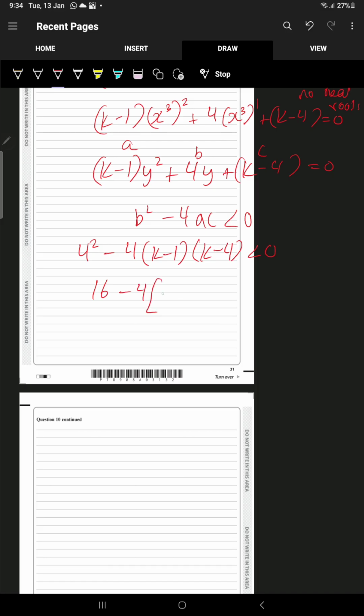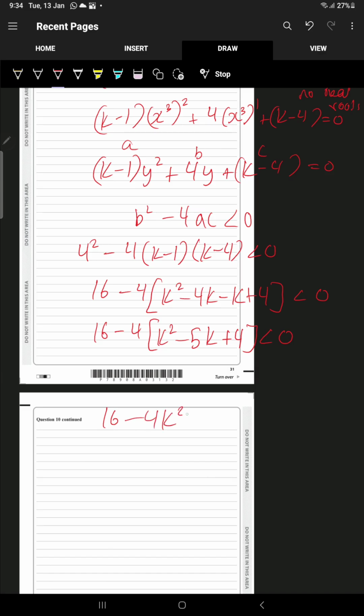So 16 minus 4 times the bracket. First we can simply collect the like terms inside: minus 4 times (k squared minus 5k plus 4) is less than 0. So 16 minus 4k squared, minus 4 times minus 5 is plus 20k, minus 4 times 4 is minus 16, is less than 0.